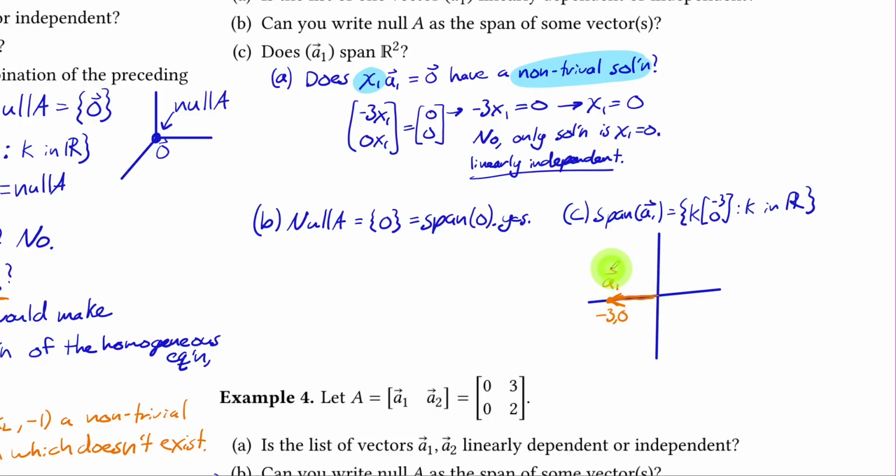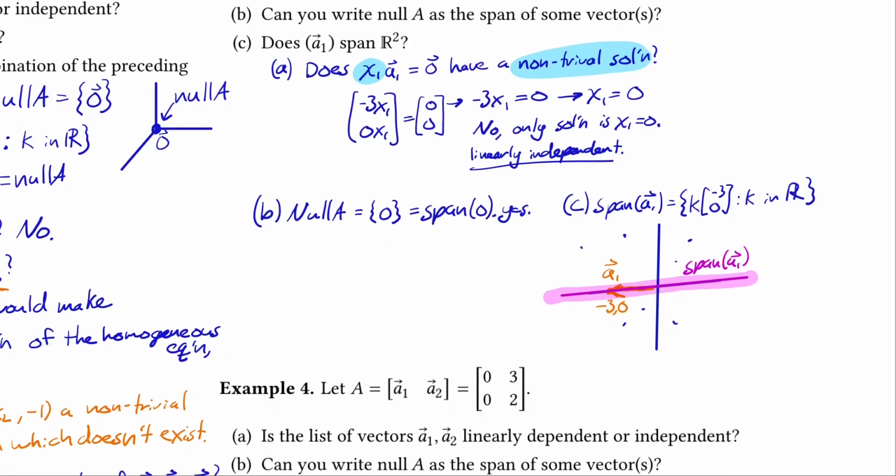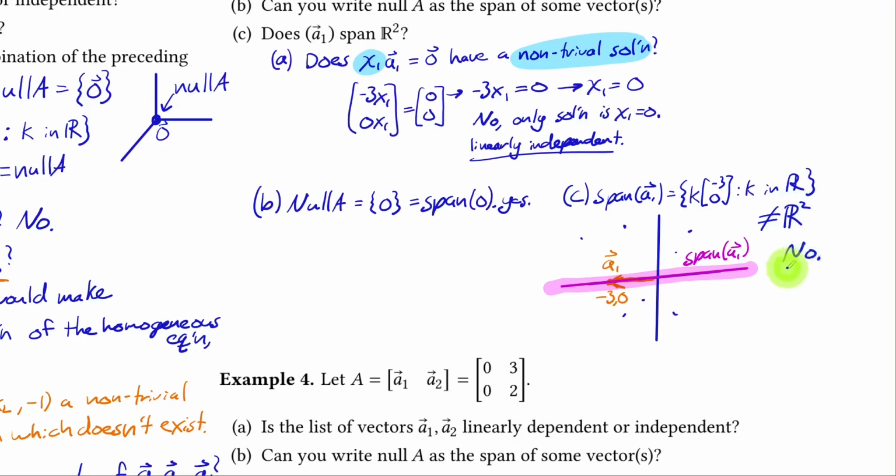And the span of A1 is just going to be the whole x1 axis. All that stuff. And that doesn't get you everywhere in R2. So there are lots of R2 points over here and here and here that are not in the span of A1. So the answer to the question, does it span R2? No, it just spans the x1 axis.